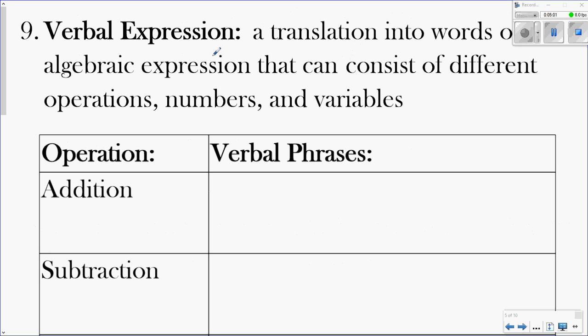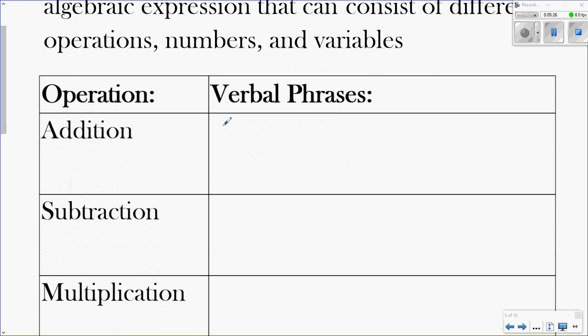Next one is verbal expression. Basically it's a translation into words of an algebraic expression that can consist of different operations, numbers, and variables. When it comes to translating algebraic expressions and verbal expressions, you have to look for keywords.